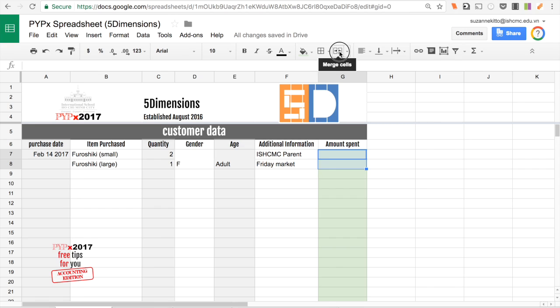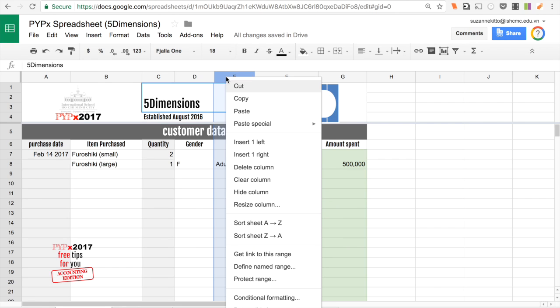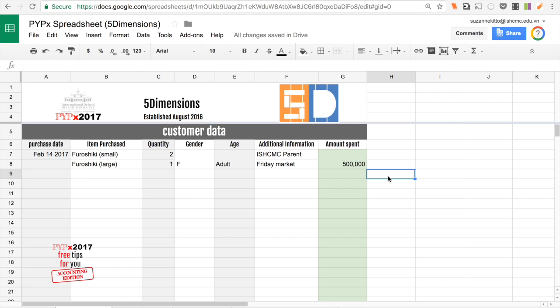I'm going to merge these cells together and just make their total here 500,000. That's how much they spent all together. You can obviously add in different pieces of information that suit your business. Just add in a row by clicking up here, right click and then insert, left, right, whatever you need to do. But you can figure that out to suit your enterprise.